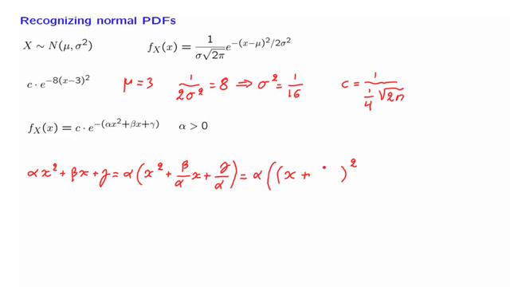What do we need here so that the cross term is equal to this? What we need is a term equal to beta over 2 alpha. Because in that case, the cross term is going to be 2 times x times beta divided by 2 alpha. The 2 in the beginning and that 2 cancel out, so we're left with x beta over alpha, which is exactly what we got here.